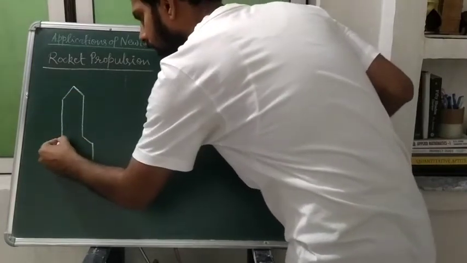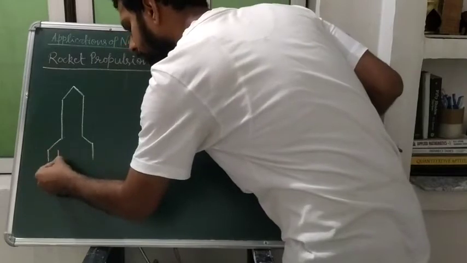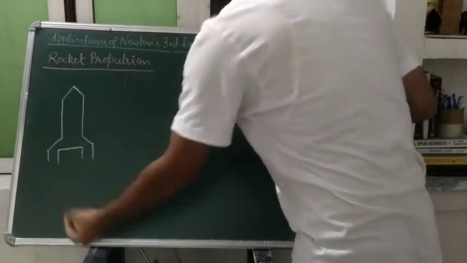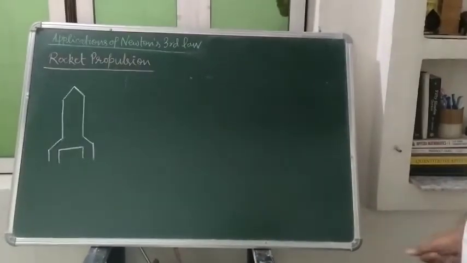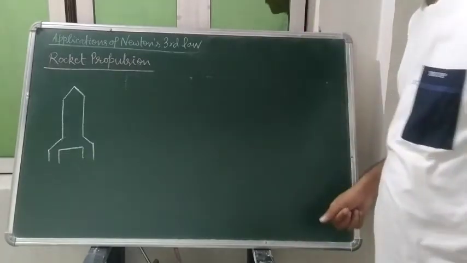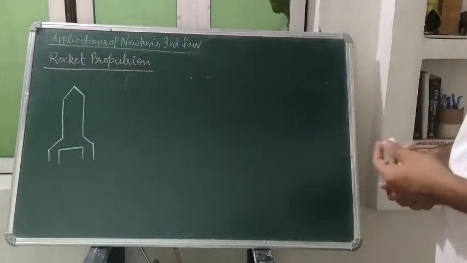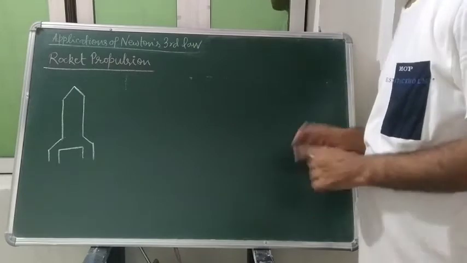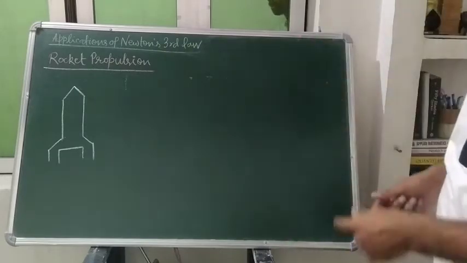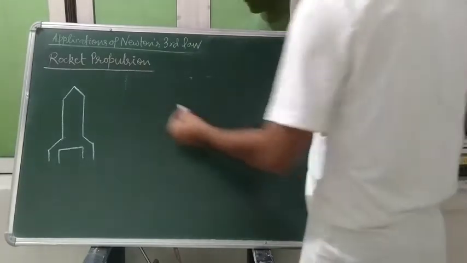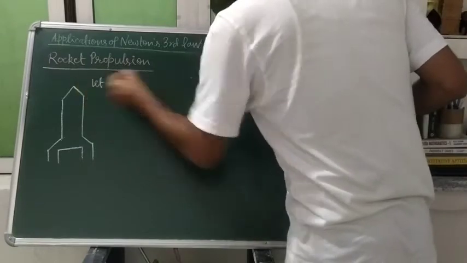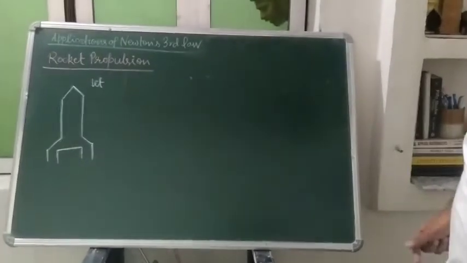So action and reaction will be there, isn't it? And when you go to DRDO and ISRO, that class rocket will become a practical rocket there. So keep on doing like that.